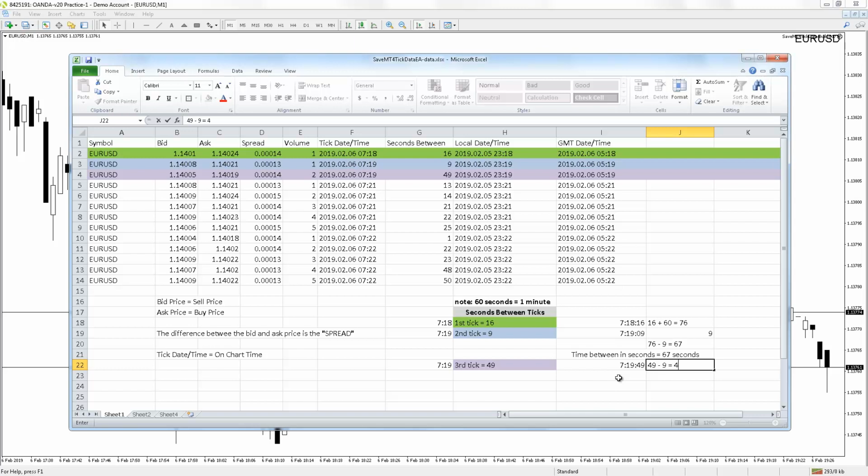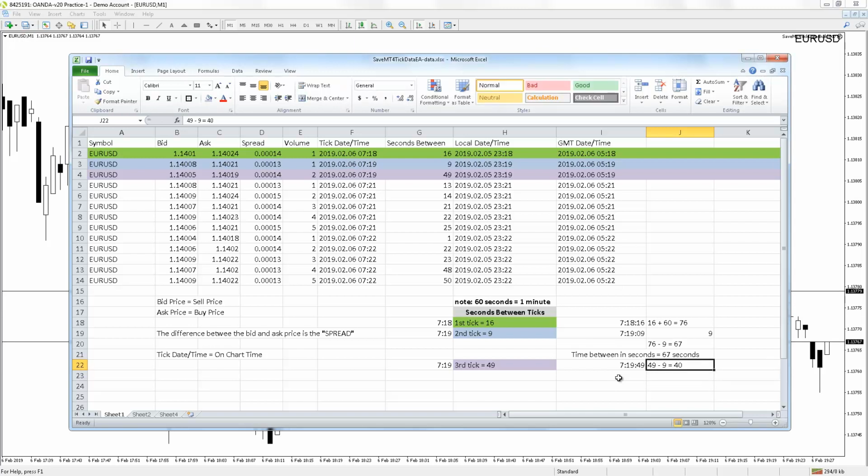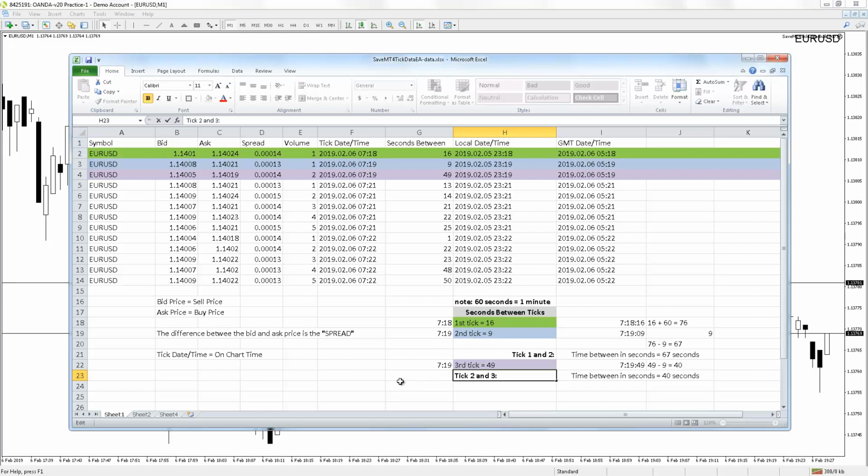Now we're in the same minute, so in this case we're going to take 49 minus 9 equals 40. So the time between tick 1 and 2, and let's go ahead and shift that over, bold, copy, and then let's call this tick 2 to 3.